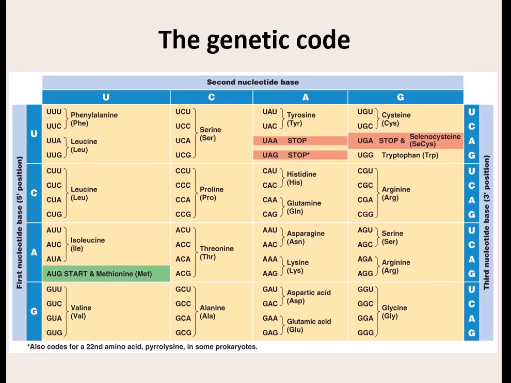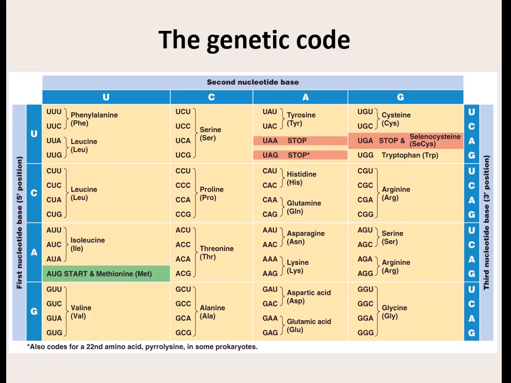There are some prokaryotic cells that have more than 20, but we're just going with 20 because it's humans. 20 different amino acids, 64 different possible ways to mix these around, which is why, yes, there is more than one codon that can code for the same amino acid. So again, 64 different codons, only 20 different amino acid choices. So that's why you see some of the same codons code for the same amino acid.